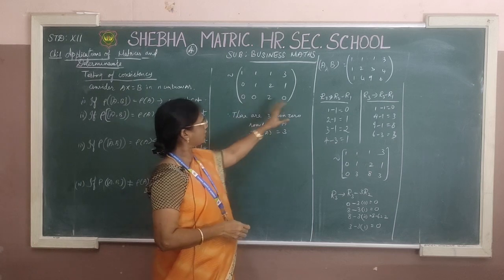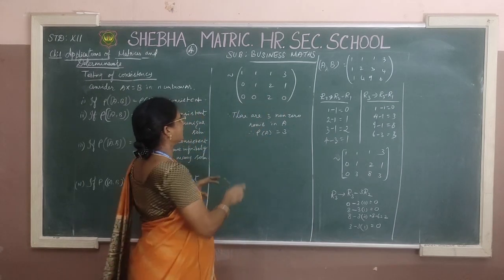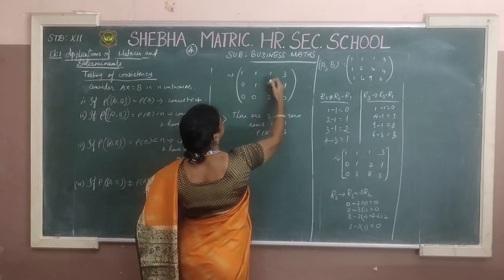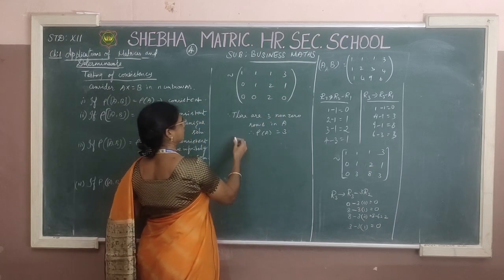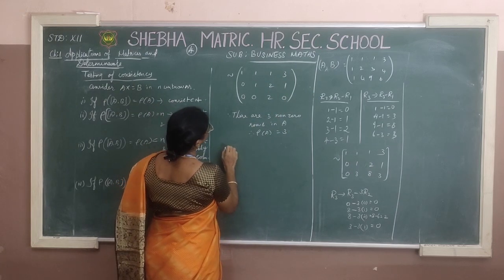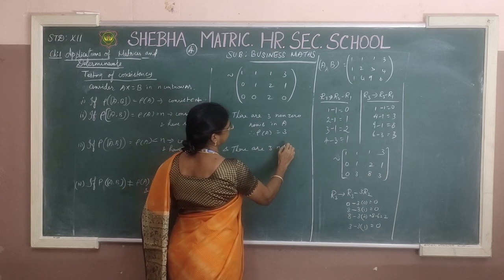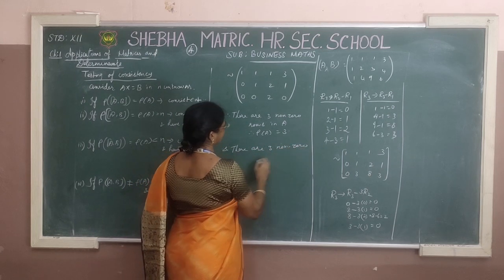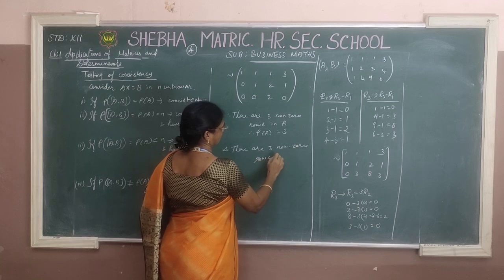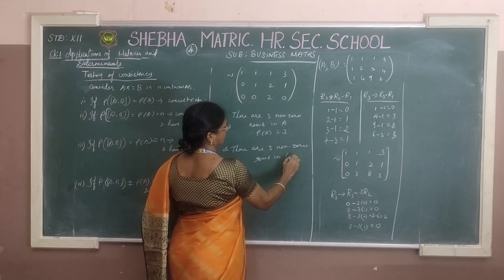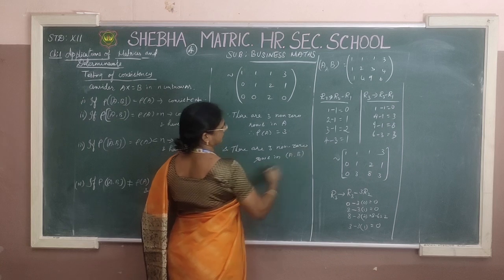Okay, consider all 4 columns. In all the 3 rows there are non-zero elements, and there are 3 non-zero rows in the augmented matrix AB.